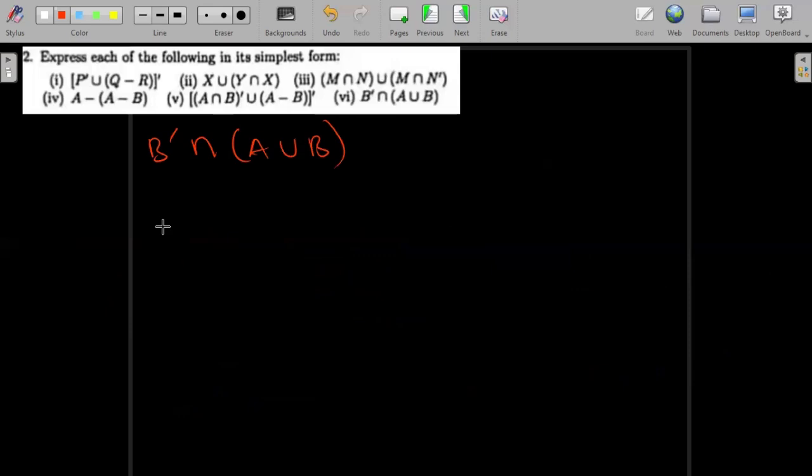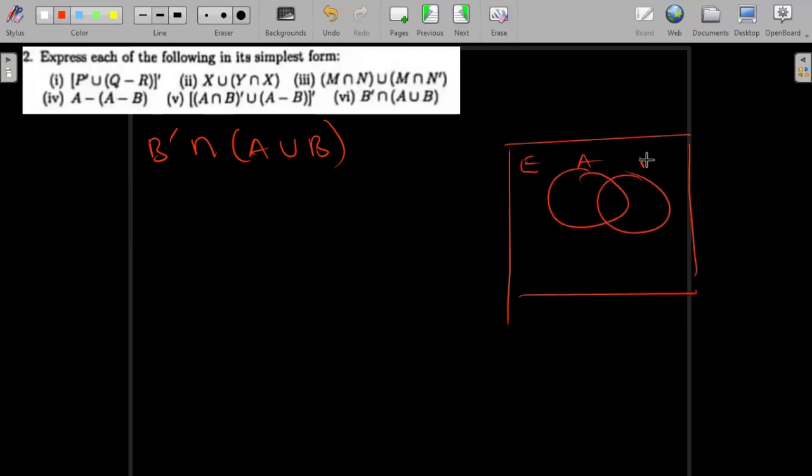And so when you check this, you have A union B, and if you have your Venn diagram there, and you have two parts, A and B, A union B is just this here, the entire set. Then they're telling you intersect B complement. So now let's shade B complement.